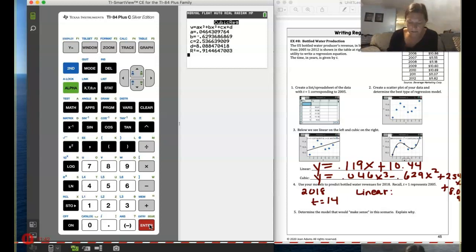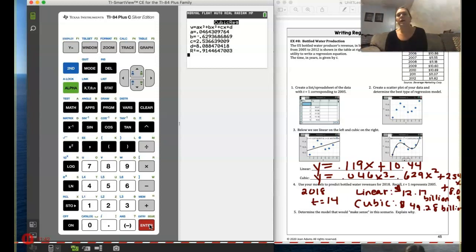Is it okay if I just go right to it? I'm going to go right to it for you guys. So the linear was around $12.17 billion, and the cubic was around $49.28 billion.